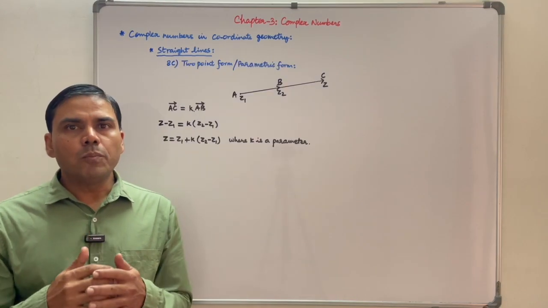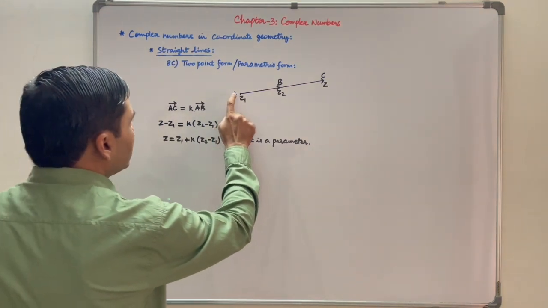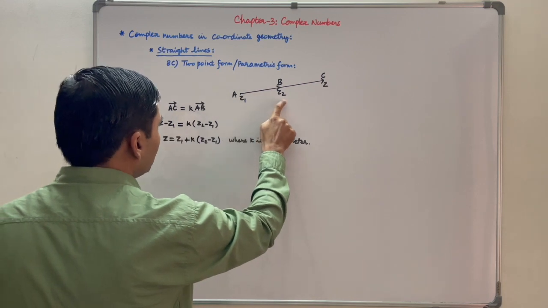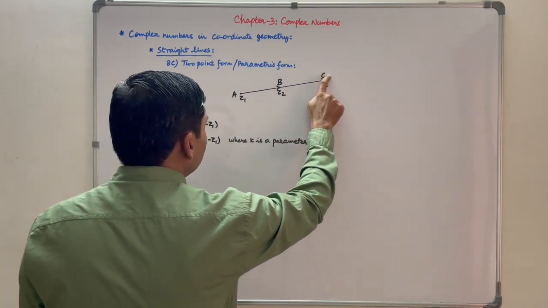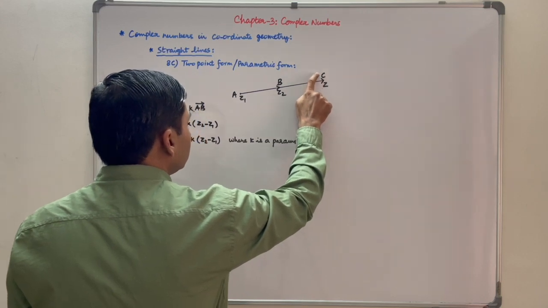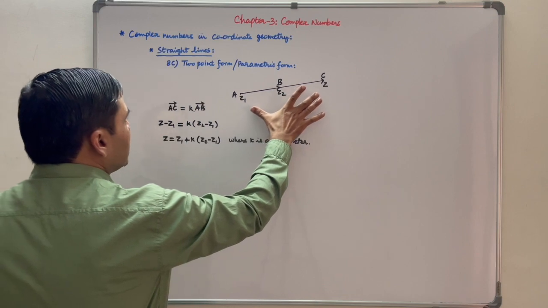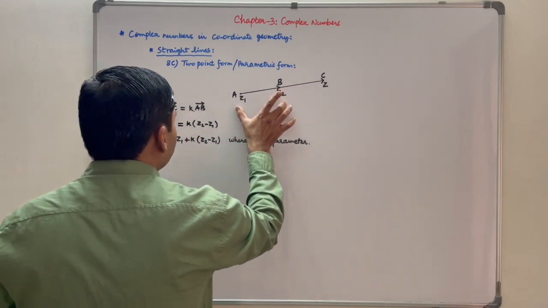Third one is the two-point form or parametric form. Suppose two given points A and B are represented by z1 and z2. Extend line segment AB so that C lies on it. C is represented by general point z. So we can write vector AC is equal to k times vector AB.